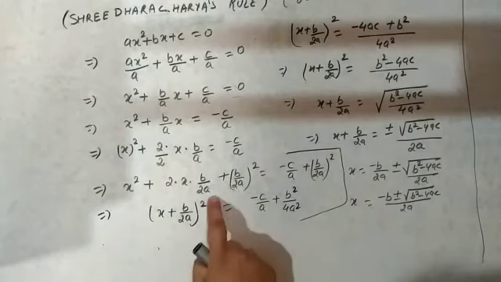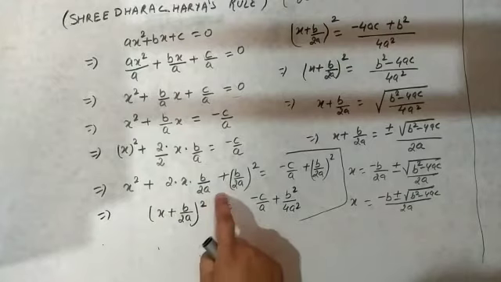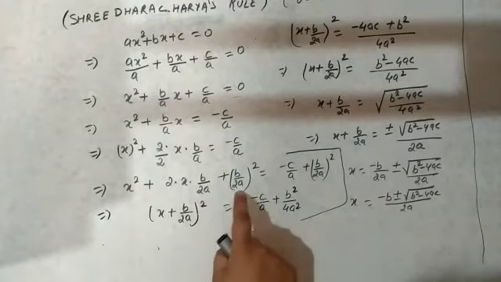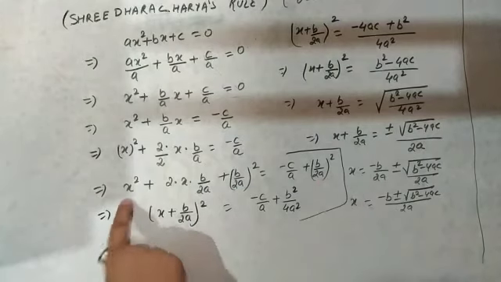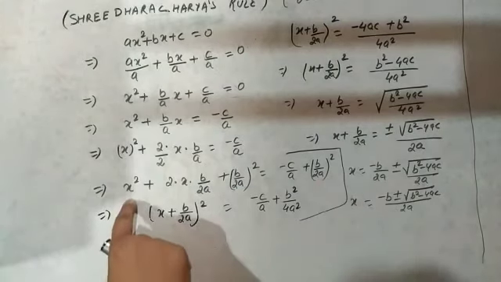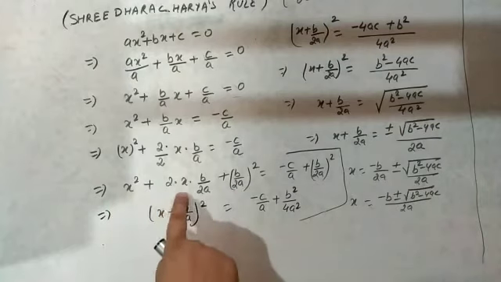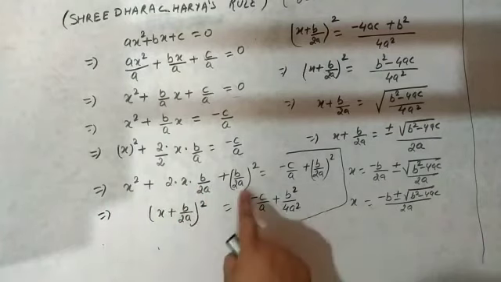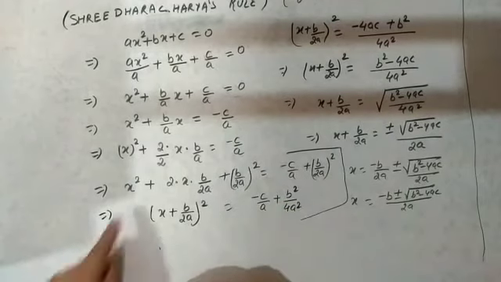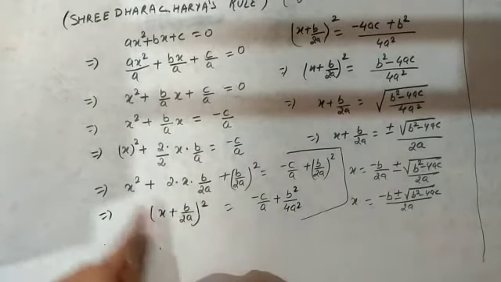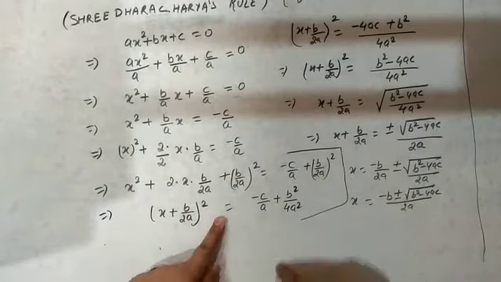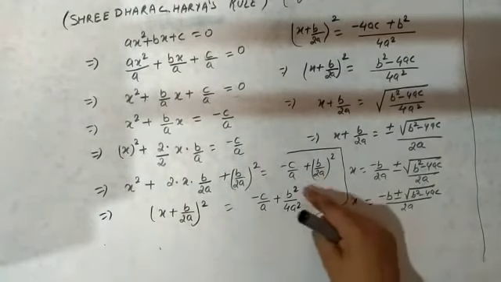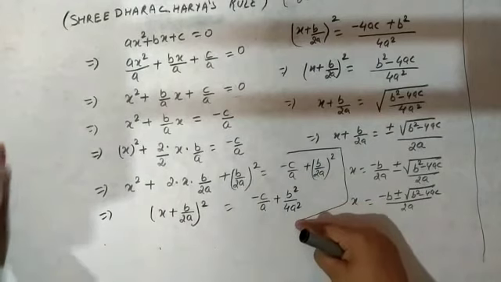Since b by 2a is there, we add the square of b by 2a on this side as well as on this side also. So now this is in the form x square plus 2 into x into b by 2a plus b by 2a whole square. So dear student, we can convert this into x plus b by 2a whole square. And this side, minus c by a plus b square by 4a square.